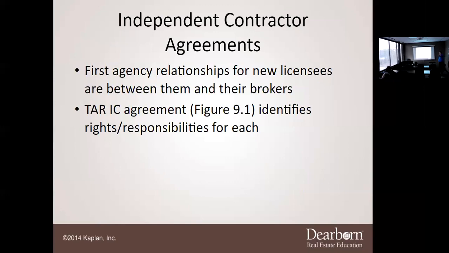He is an independent contractor. He is in agreement with me. He can do certain things on my behalf, and in exchange for him doing those services, he gets compensated. But it's on a commission-based structure, and that's how 95% of all real estate companies run. They do not charge an hourly rate. You get paid commission.